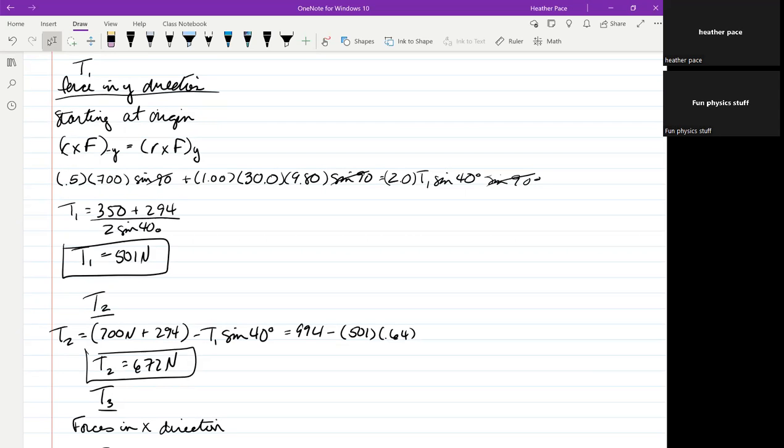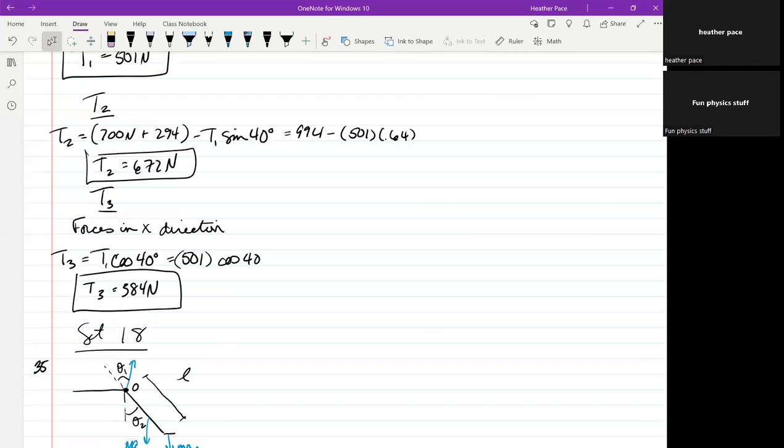We're going to have 0.5 times 700 sine 90 plus 1 times 30 times 9.8, gravity, sine 90 equals T1 times sine 40, because it's 40 degrees, not 90 on this one. And we end up with T1 equals 350 plus 290 over 2 sine 40. We use our calculator and we get T1 equals 501 N.